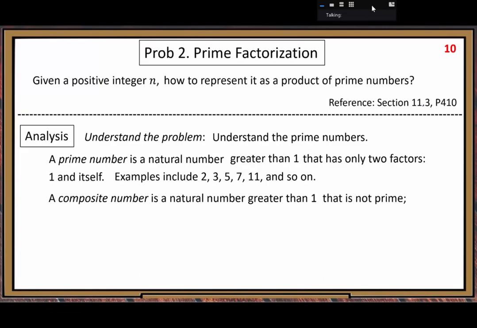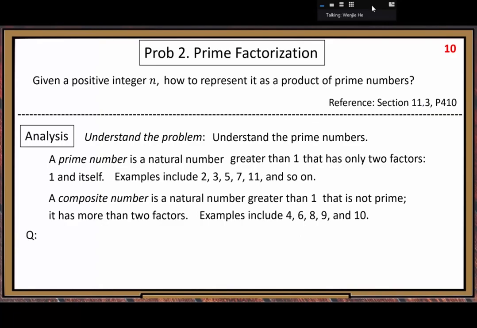So these are the definitions of the two types of numbers. We want to study these two types. A composite number has more than two factors; other than 1 and itself, there are some other factors. So we have some simple examples.